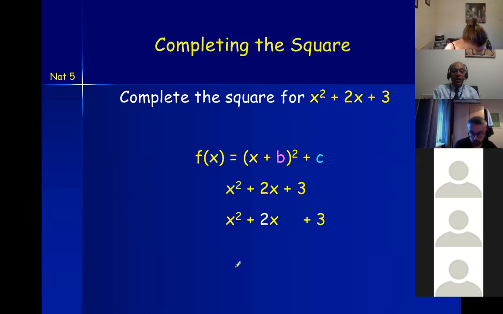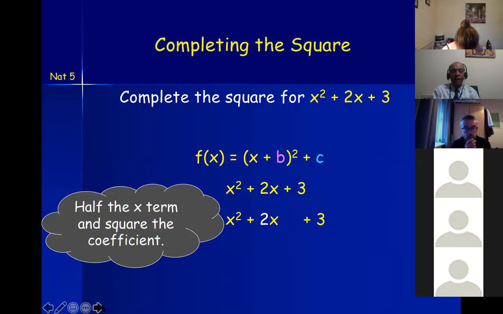So what do we put in that space? We halve this number and we square it. So if I halve 2, what do I get? 1. And what's 1 squared? 1. So we're going to halve the 2, which is 1, and we're going to square it, which is 1.